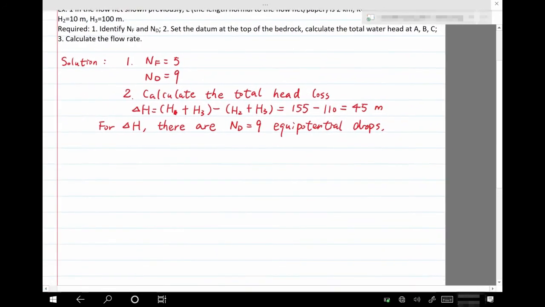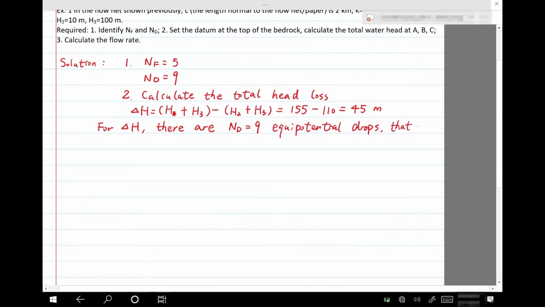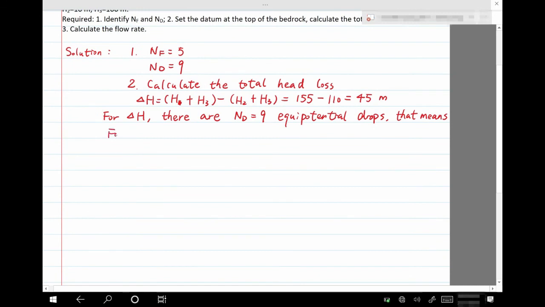So that means for one drop, we will have delta H1 equals the total head loss over the number of drops. So we have 45 meters and we have 9 drops. So we know that we're going to have a head loss of about 5 meters per one drop.